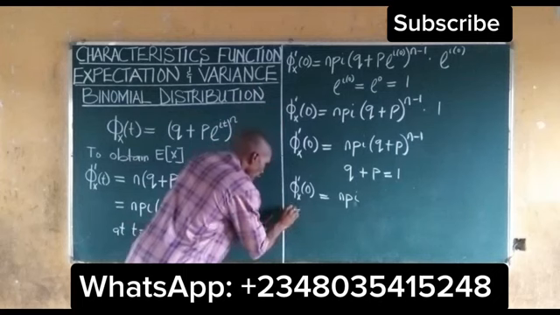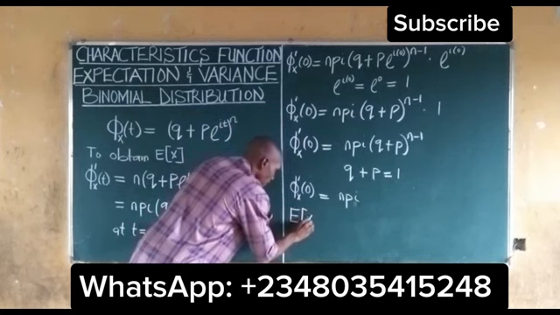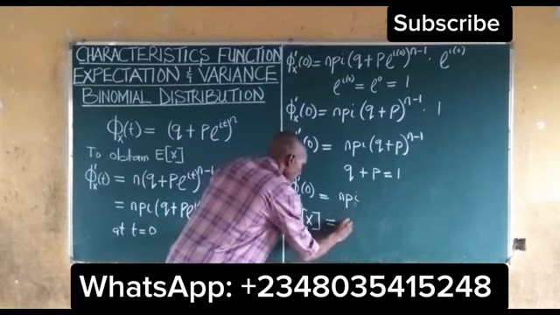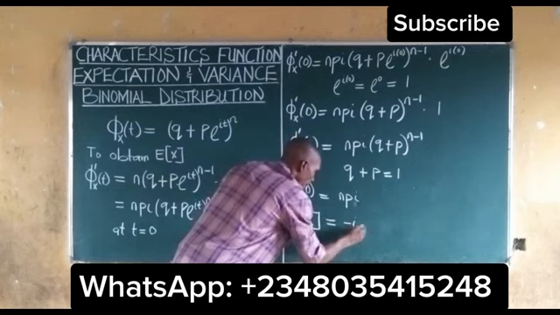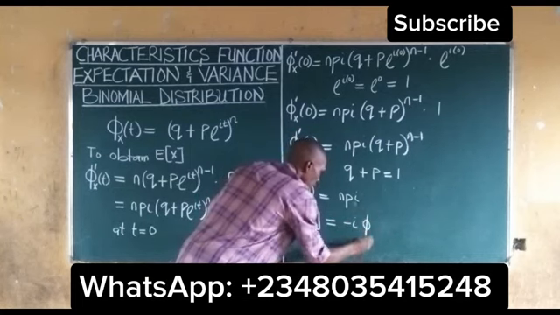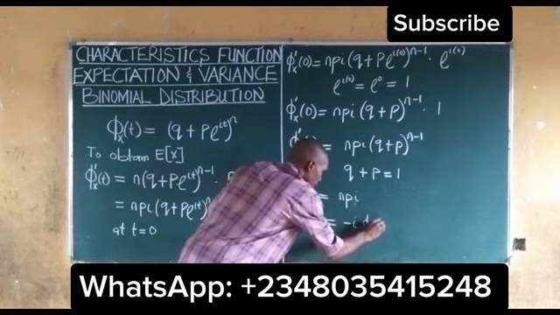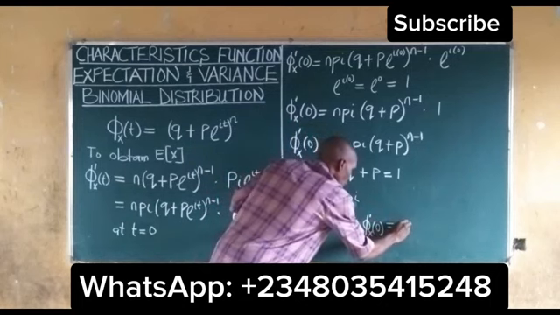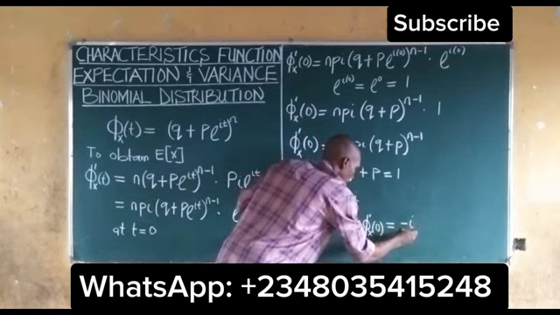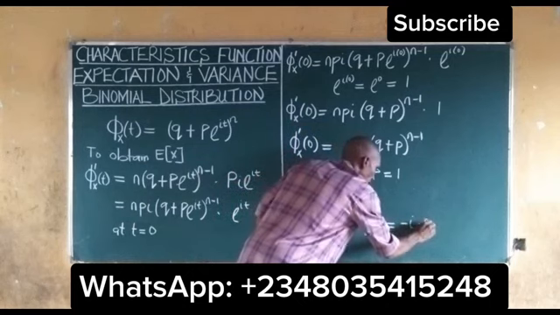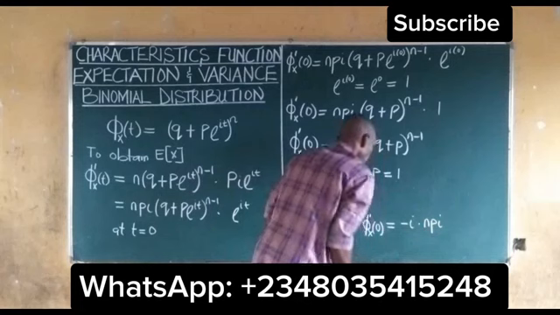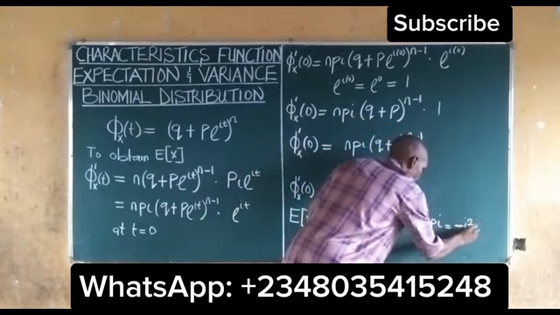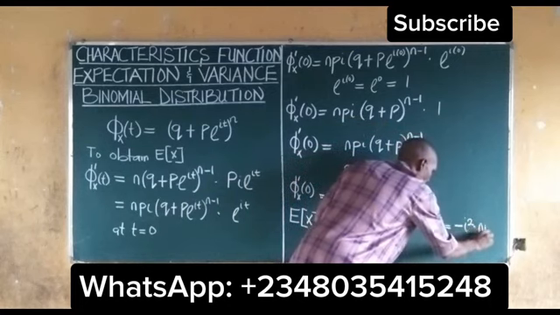Also, it then means that our expected value of x is equal to negative i times the first derivative at t equal to 0, which is what we have here. So we now write it as negative i multiplied by n p i, which is the same thing as negative i squared multiplied by n p.